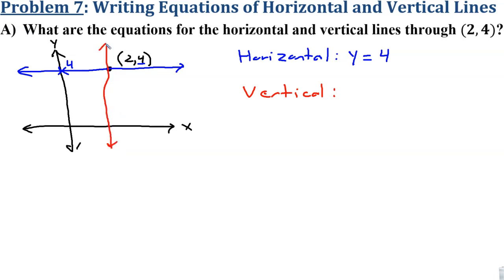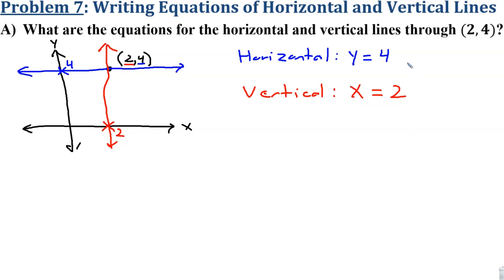I was going to say I'd draw a straighter line, but yeah. All right. In a similar manner, we can look at where that line intersects the x-axis. It's going to intersect it at the x-coordinate of this point, at the 2. If this line is vertical, every point on it is going to have an x-coordinate of 2. That's why I can describe it as just x equals 2.